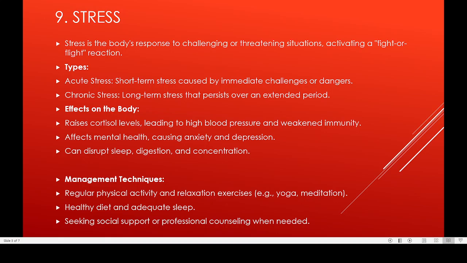Then seeking social support or professional counseling when needed. Some people need a lot of friends, and some people may not need too many friends. So if you know how to manage with the friends, that's good. If you don't have friends, learn how you can manage even without friends. So these kind of things are important.